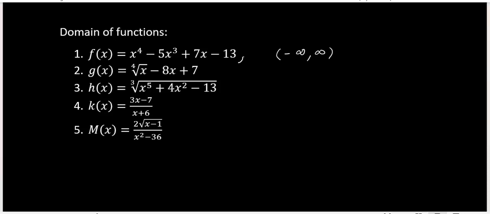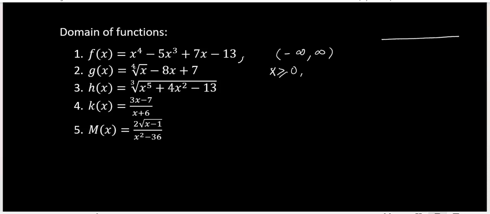Now, if you look at the second one, g(x), you have the fourth root of x minus 8x plus 7. So this one has some restriction. If you have a fourth root, or any even root like 4, 6, 8, or just a square root, if the exponent is like 1/2, 1/4, 1/6, rational exponents, then there is a restriction that inside the radical sign, the argument will be greater than or equal to 0.